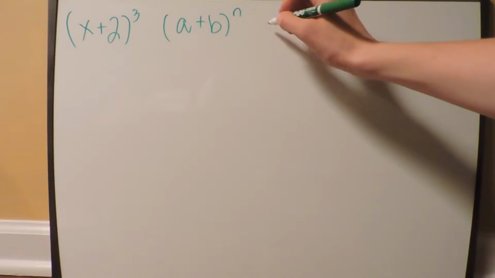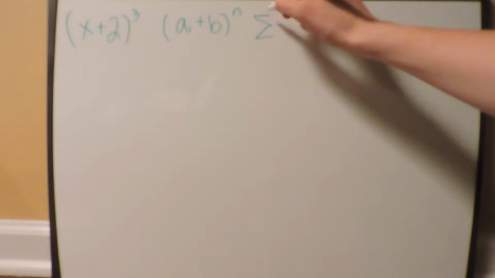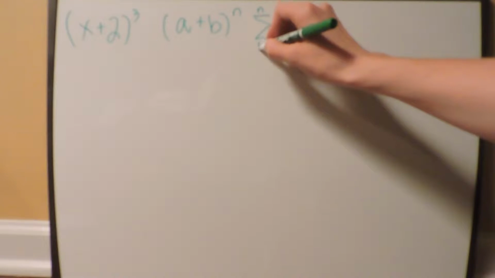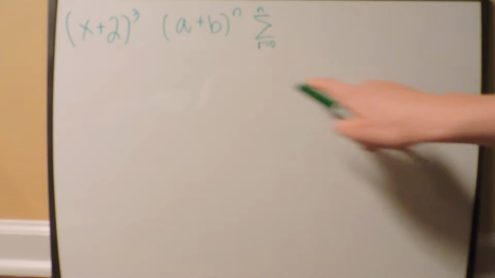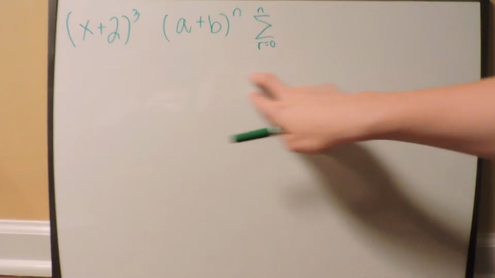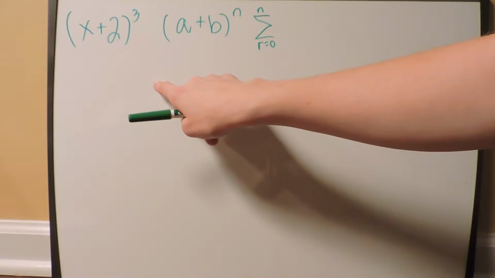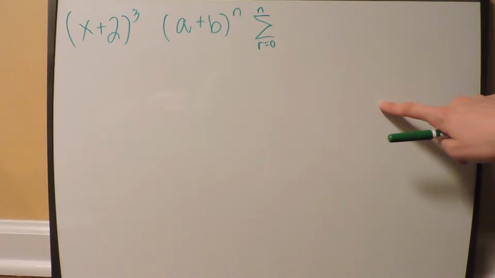Now over here, sometimes you'll see it as summation notation with n on the top, or they like to write r equals 0 because when you're going to go across, with the factorials we'll write in, they always start at 0, and for every term we add 1 as we go across the board.